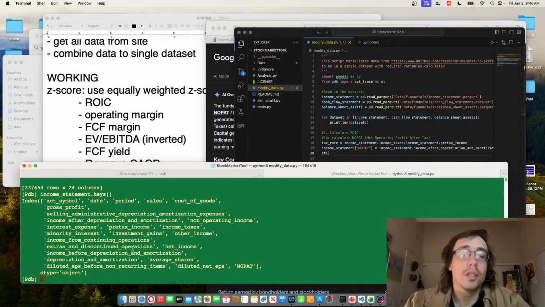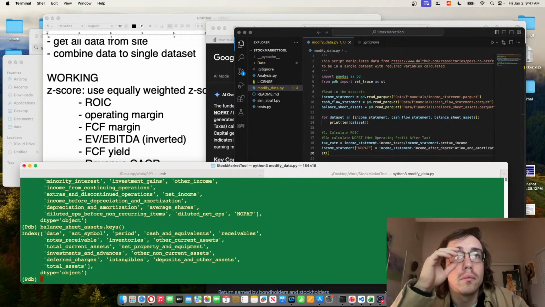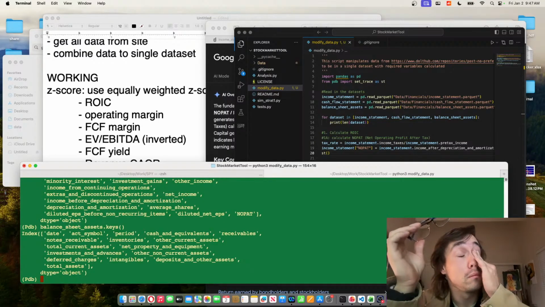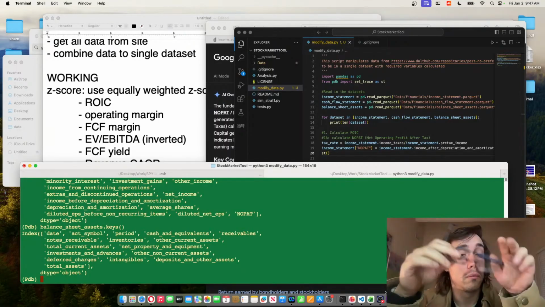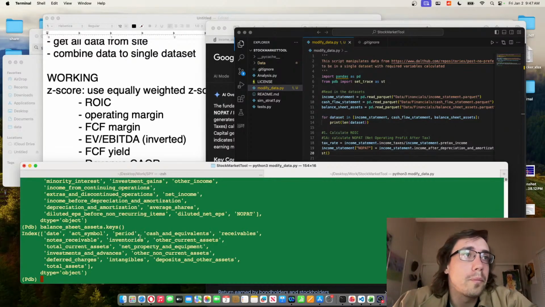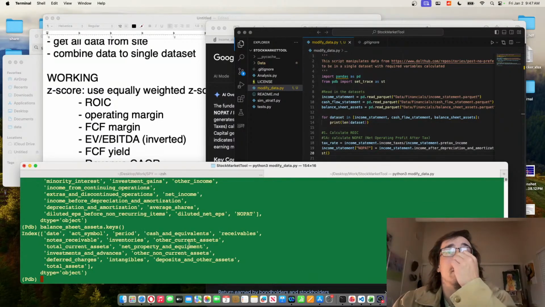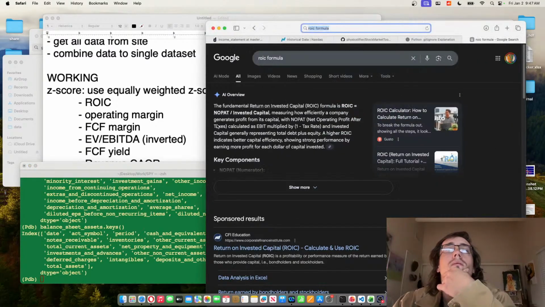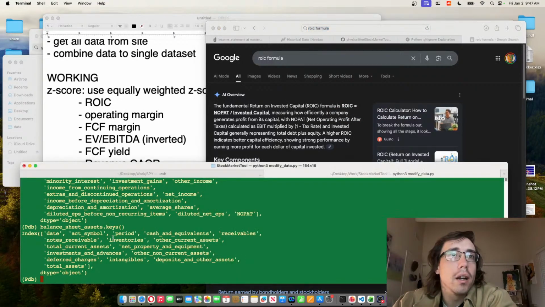Okay, what about the balance sheet assets? Divided by invested capital.